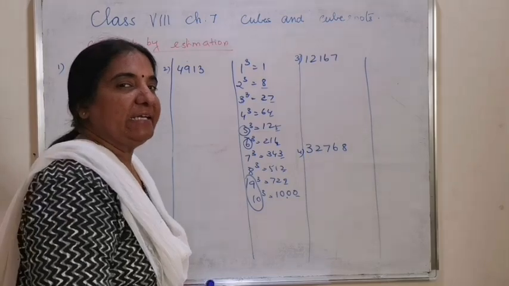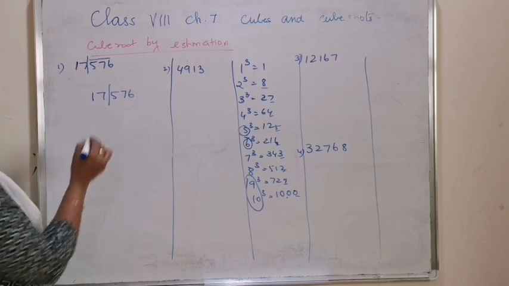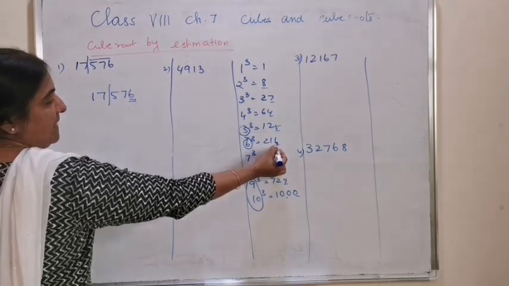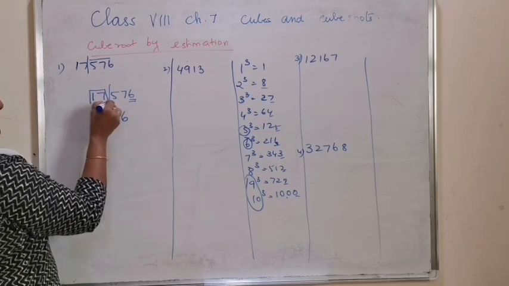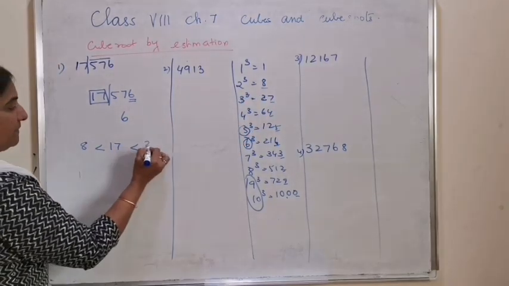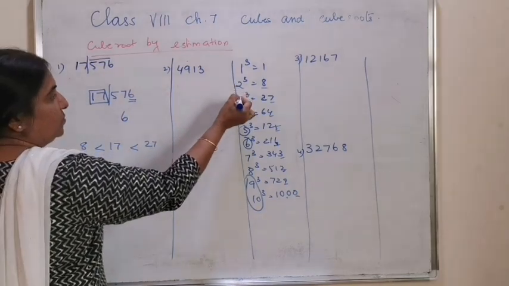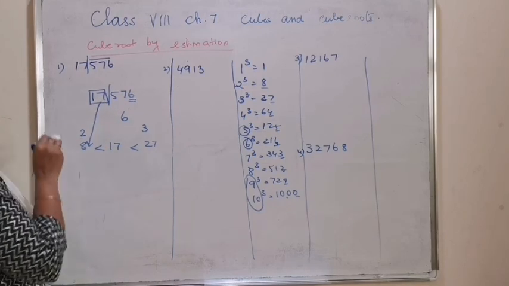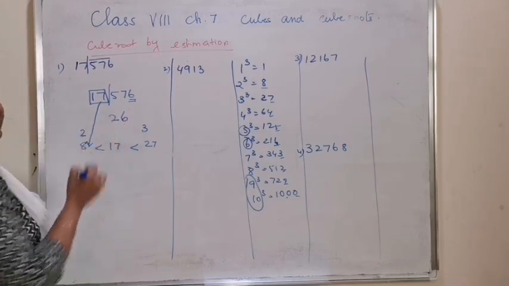First example, 17,576 divided with 3 places from the units place. 6 in the units place is giving you the ones place of the cube root number as 6. 17 is lying between 8 and 27, which shows that the cube root's tens place will be either 2 or 3, and the proximity of 17 is for 8 rather than 27, so the cube root will have the digit 2.